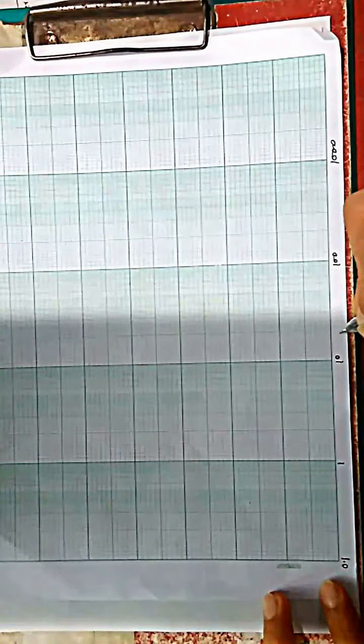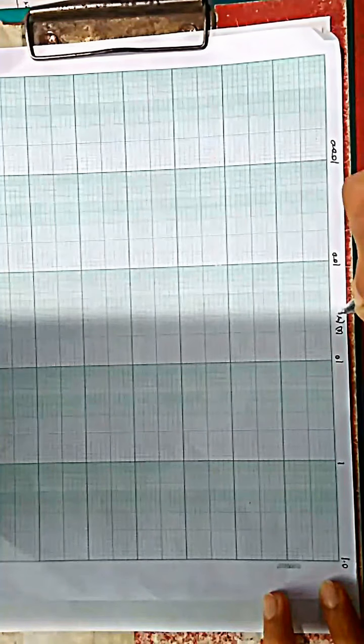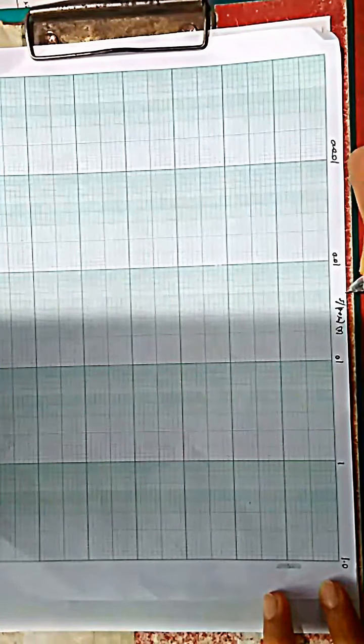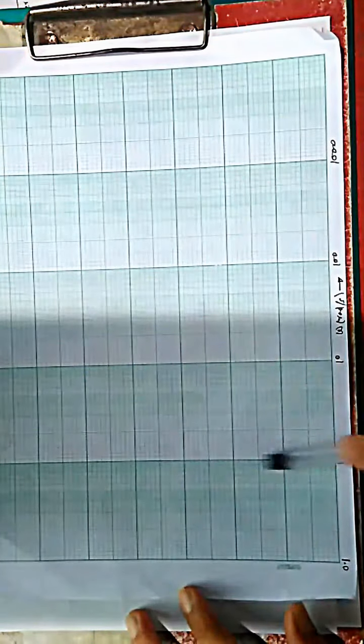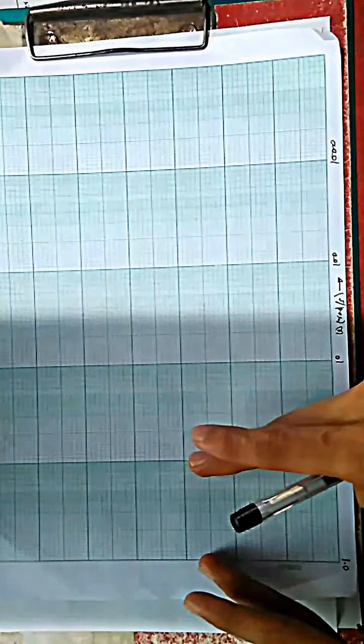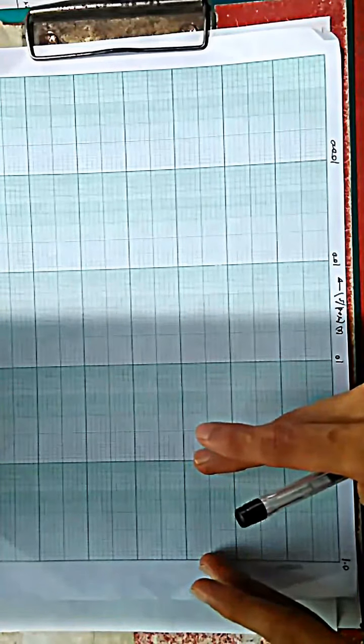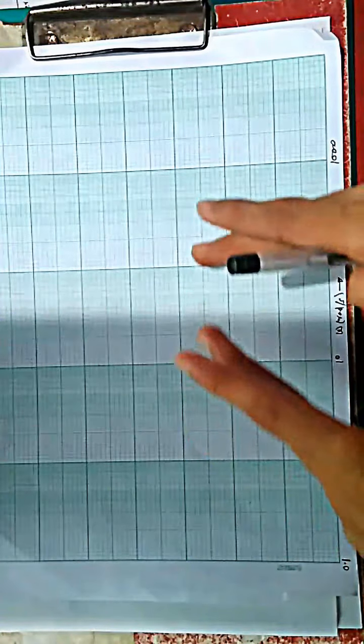These are the omega values in radians per second. These are the darker lines which are parting the x-axis. This much distance means 1 decade. Remember, 1 decade. This is another decade, another decade.